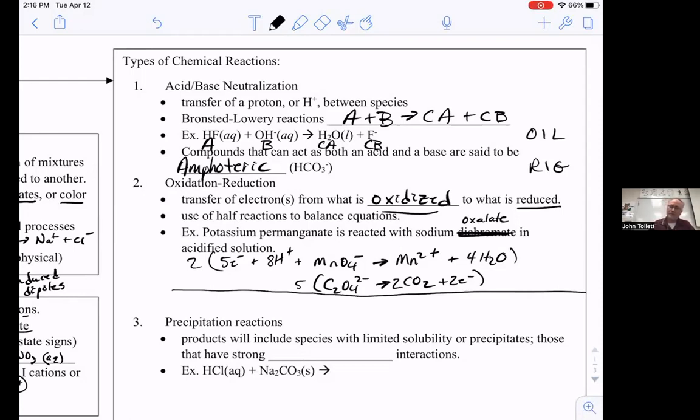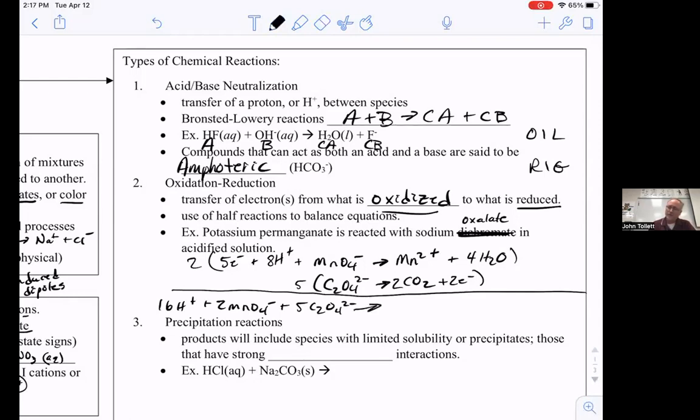And then if I add these together, I end up getting 16 H plus, 2 of the MnO4 minus, plus 5 of the oxalate anions. Where's my yield symbol here? I think I've left off a yield symbol. That's silly.